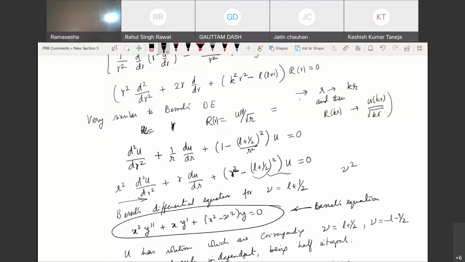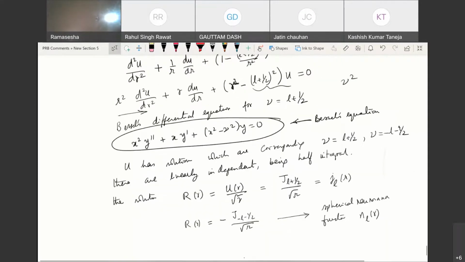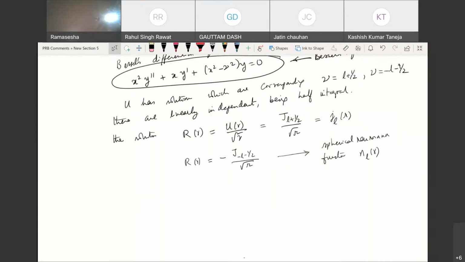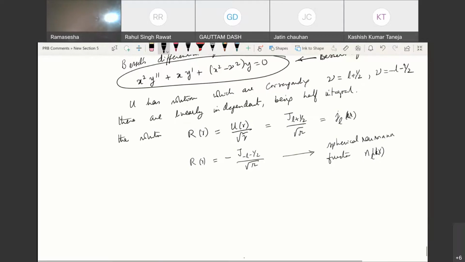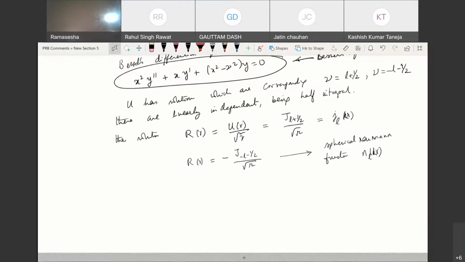Okay. So I should have been a bit more careful because I have to have k r, because k squared r. Changed the variable k r. Okay. So usually this is J L k r and N L k r. So we have the two solutions.